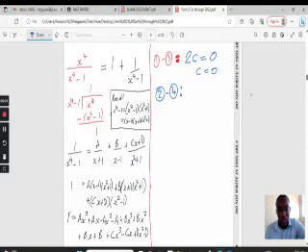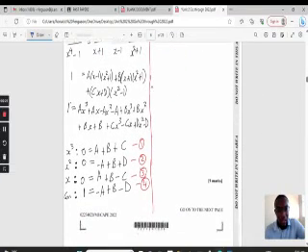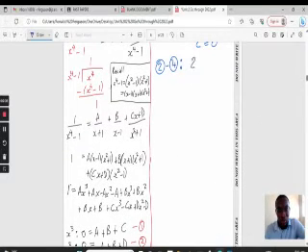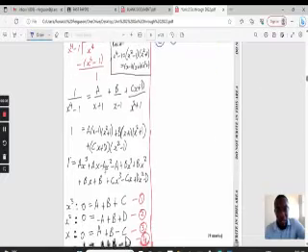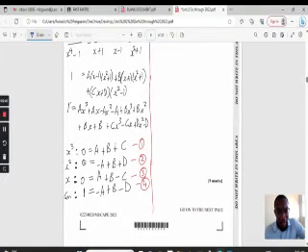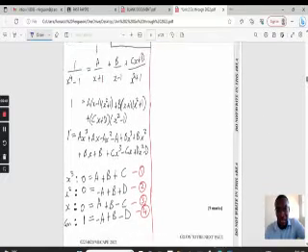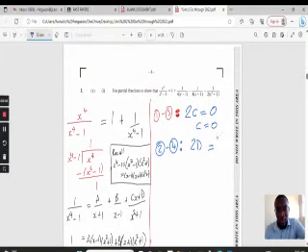That's going to give us, minus a minus minus a cancel, b minus b cancel, d minus minus d gives 2d. So 2d is equal to 0 minus 1, which is negative 1, and so d is just negative a half. So we get c is 0 and d is negative a half.